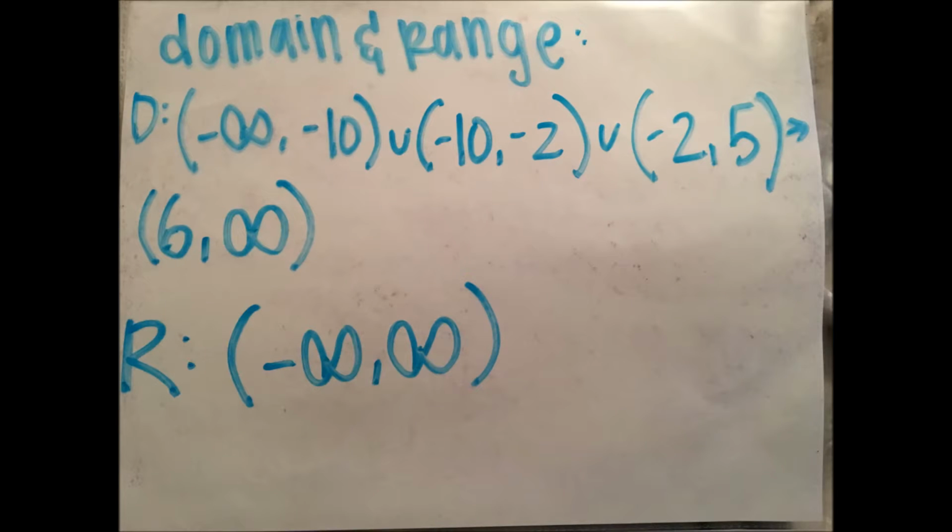-12.25. Next is the domain and the range of this piecewise function, and the domain is from -infinity to -10, and the reason that there's a break in this domain at -10 is because of the hole in the graph at -10, and then it goes from -10 to -2, and the reason that there's a break at -2 is because of the asymptote, and then from -2 to 5, and the reason that there is a break from 5 to 6 is because between the first graph and the third graph, no x values exist between 5 and 6.